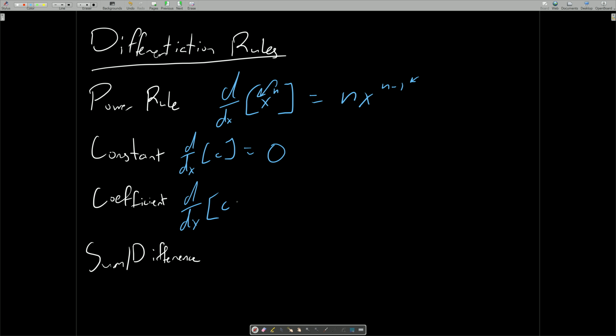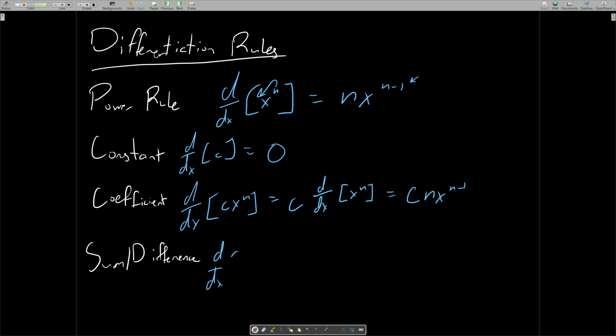If you have a coefficient, let's call it c, then you can just move it out of the differentiation. This may help if you have more complicated derivatives and you want to take this coefficient out to make this a lot easier.